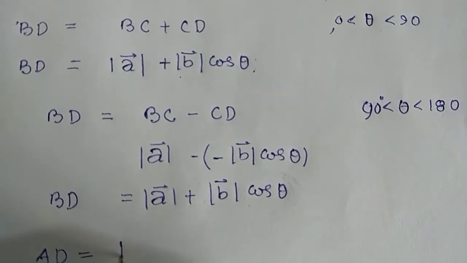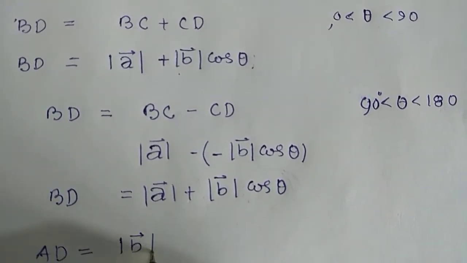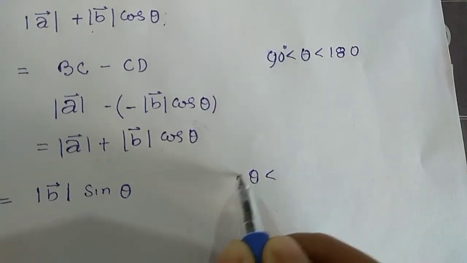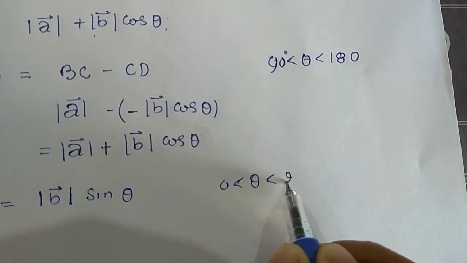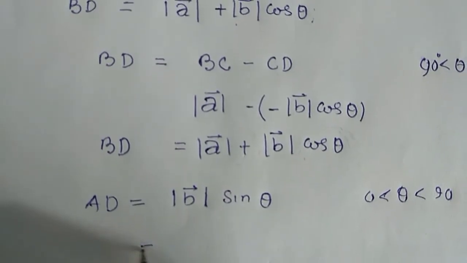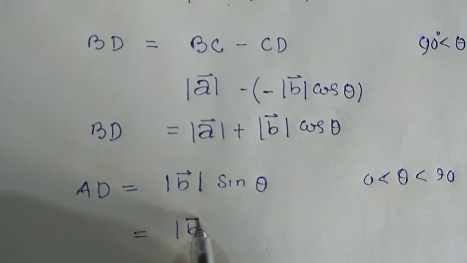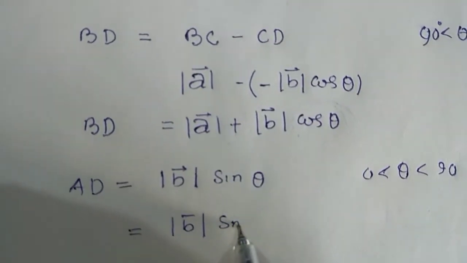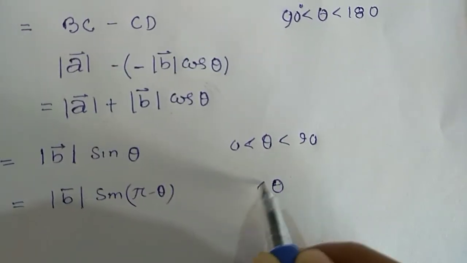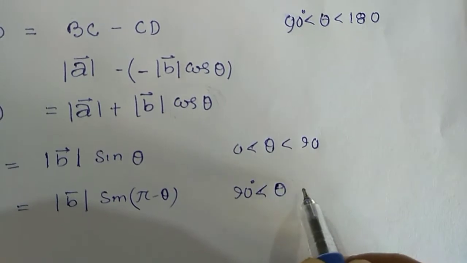In the first case, you see mod of B sine of theta. Clearly, theta is less than 90 degrees. And if theta is an obtuse angle, this will be sine of pi minus theta.